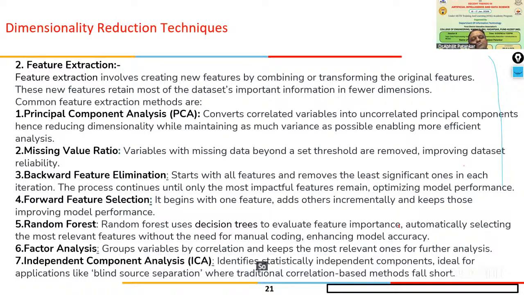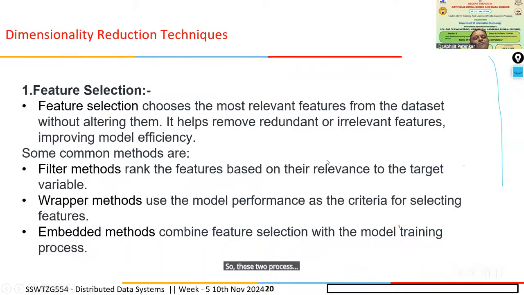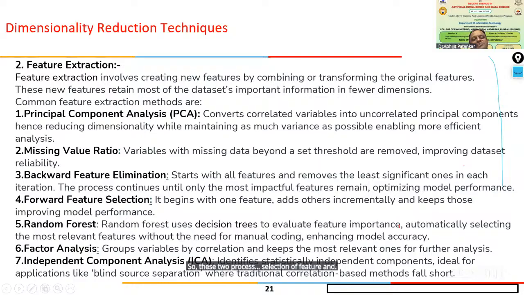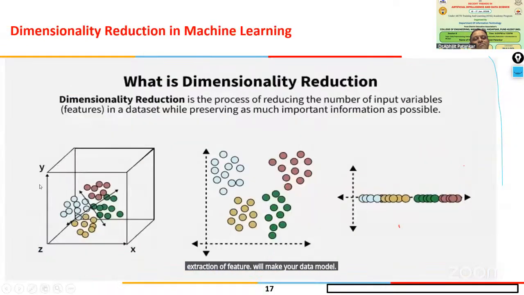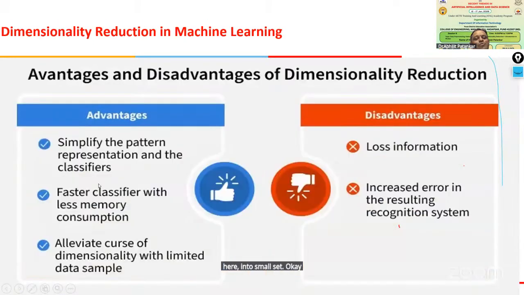So these two processes, selection of features and extraction of features, will reduce your data model into a small set. And that will improve your classification, give faster classification, and leave limited data samples to handle.